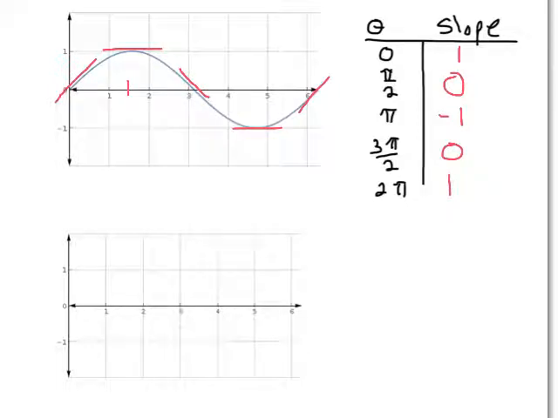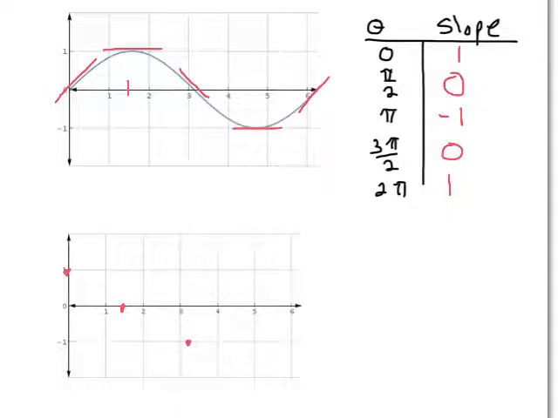So if I were to sketch the function of the slope of the tangent line, I would put some points in. At 0, I'm at 1. At pi over 2, I'm at 0. At pi, I'm at negative 1.